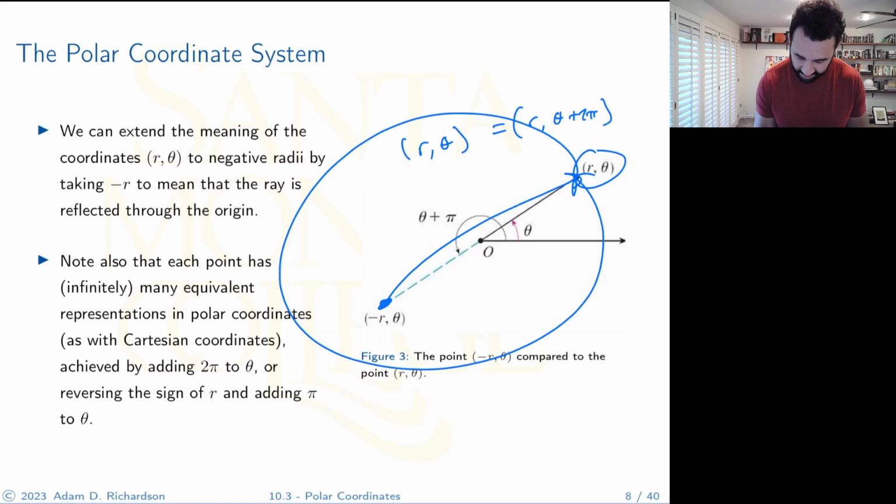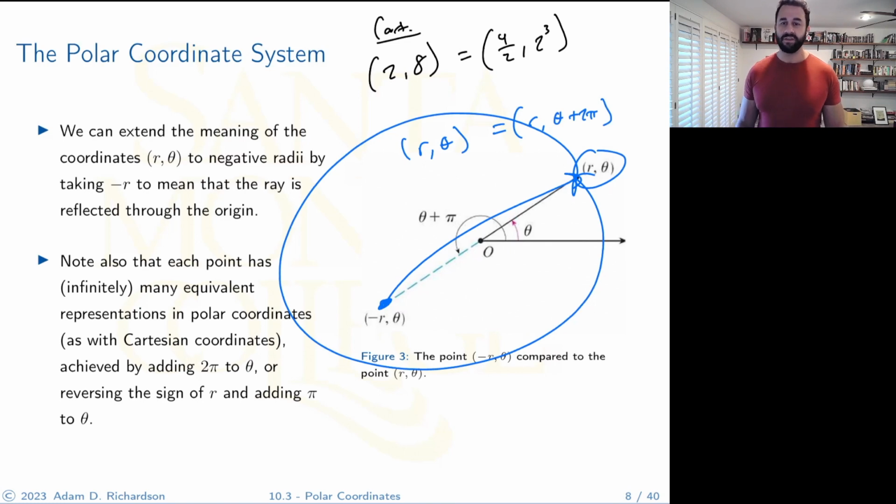Let's say I'm in the Cartesian coordinate system, and I've got the point, let's say, 2, 8. Well, I can write that point as 4 divided by 2, and maybe we'll say 2 cubed. There we go. There's another perfectly valid representation of the point 2, 8. And so it turns out that every point in the Cartesian coordinate system also has infinitely many representations. So this isn't too weird of an idea.